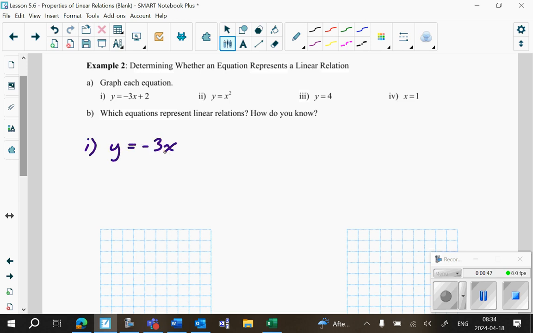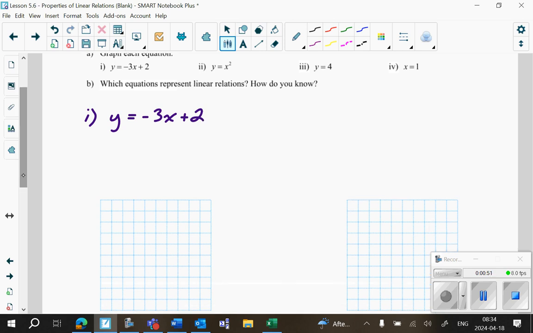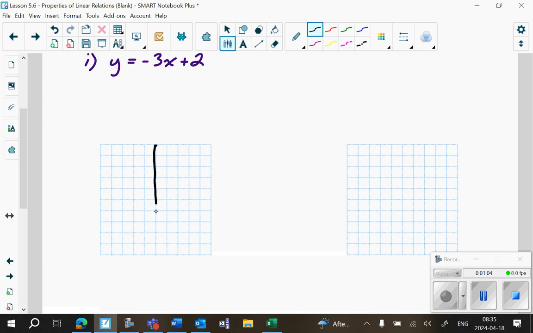How do we graph this? You've got a bunch of choices. Yes, and then quadrants.